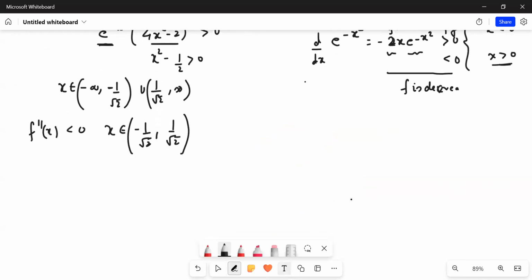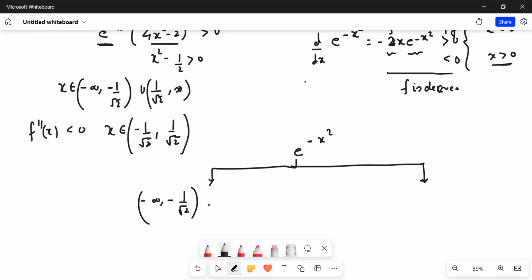So what we're getting right now about e to the power minus x square is that if I distribute this function into 4 parts, let's say from minus infinity to minus 1 upon root 2 is one part, from minus 1 upon root 2 to 0 is another part, from 0 to 1 upon root 2 is another part, and 1 upon root 2 to infinity is another part.